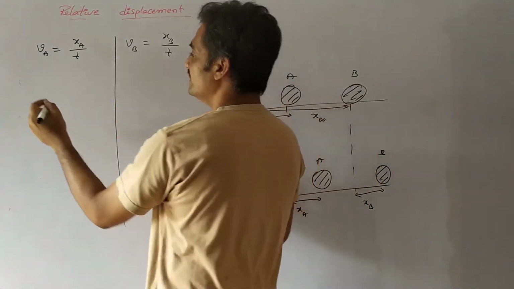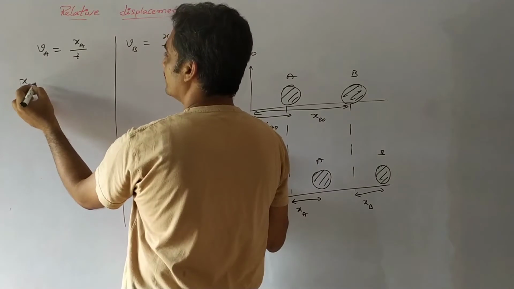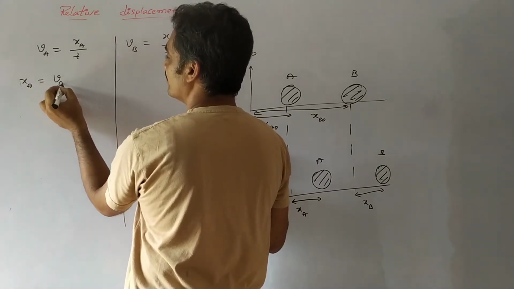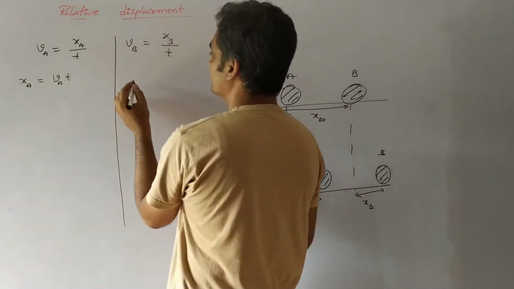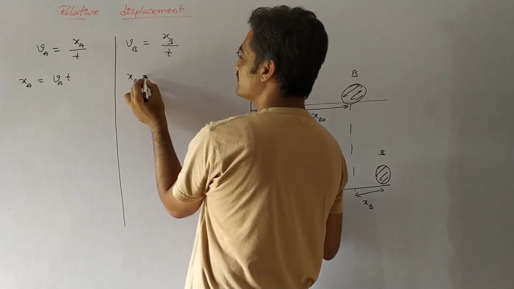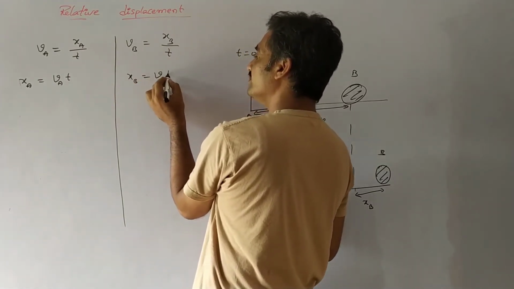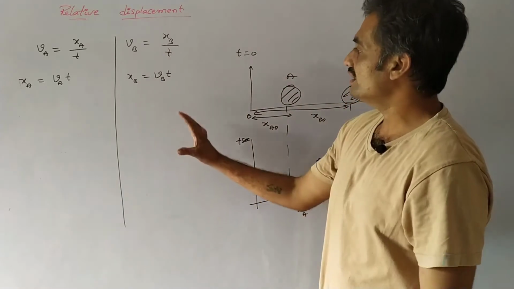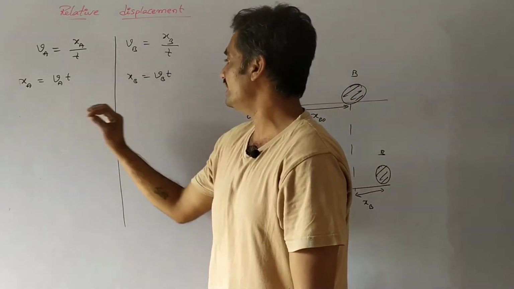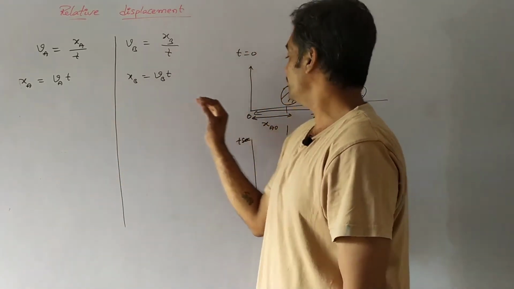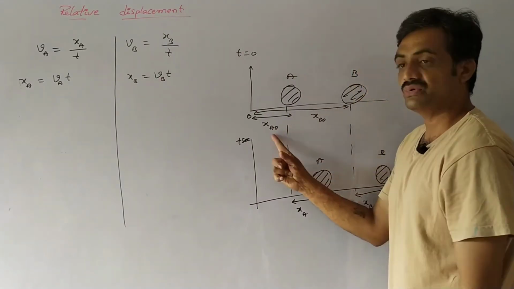From this we can write the position of body A as the velocity of body A into time t, and the position of body B as the velocity possessed by body B into t. Now we have to write the position of body A as well as body B with respect to the initial position.